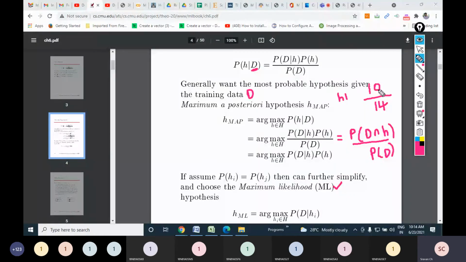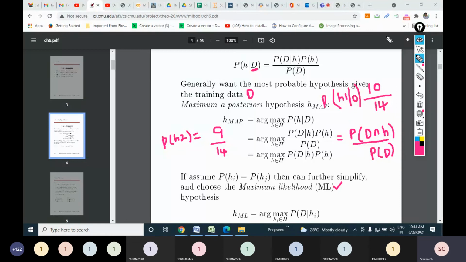The total data size is 14, so this probability for H1 is 10 by 14. Similarly, if I have another hypothesis H2 and it gave the correct answer only 9 times, then it will be 9 by 14. So for maximum likelihood there is no issue here. H1 is giving me 10 correct answers, H2 is giving me 9 correct answers, so I will select H1.